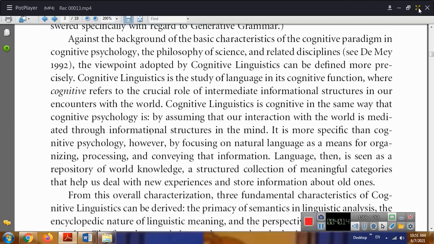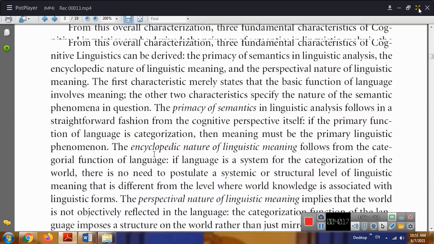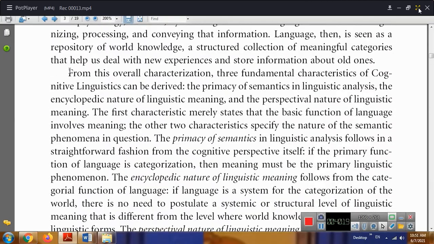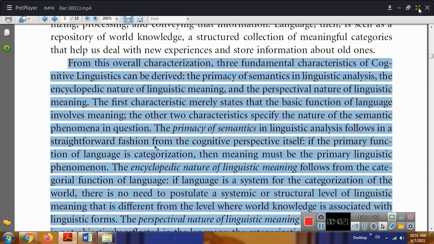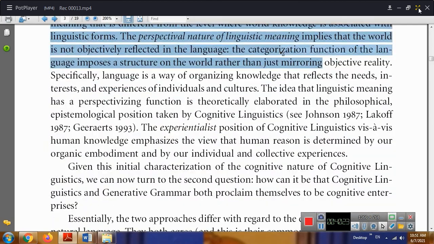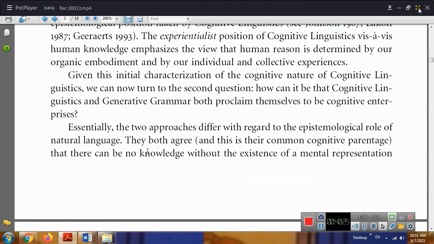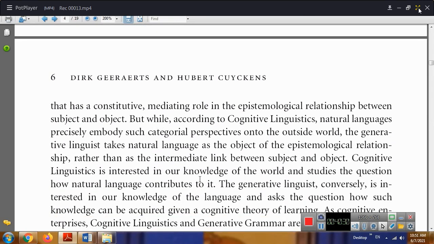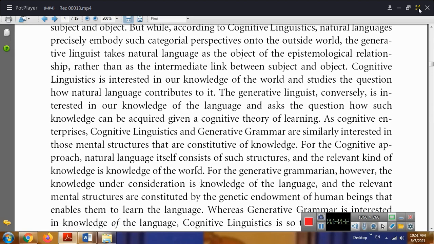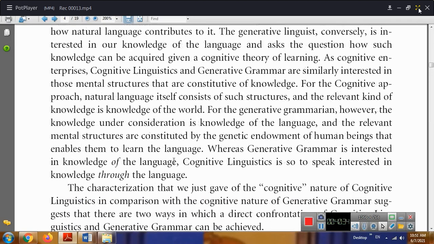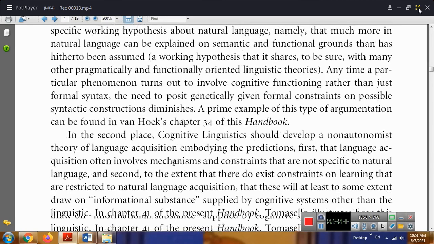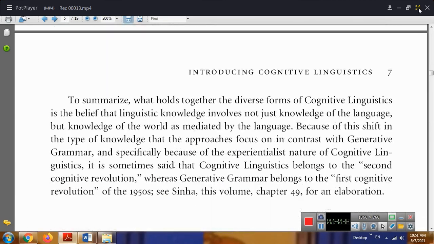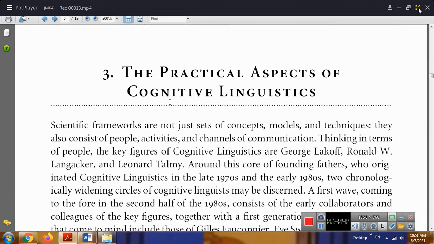You can ignore it, but here this paragraph is important, which I explain for you. Here we read about the differences and the similarities between generative grammar and cognitive linguistics. That is important. You should know the similarities and the differences between these two fields.